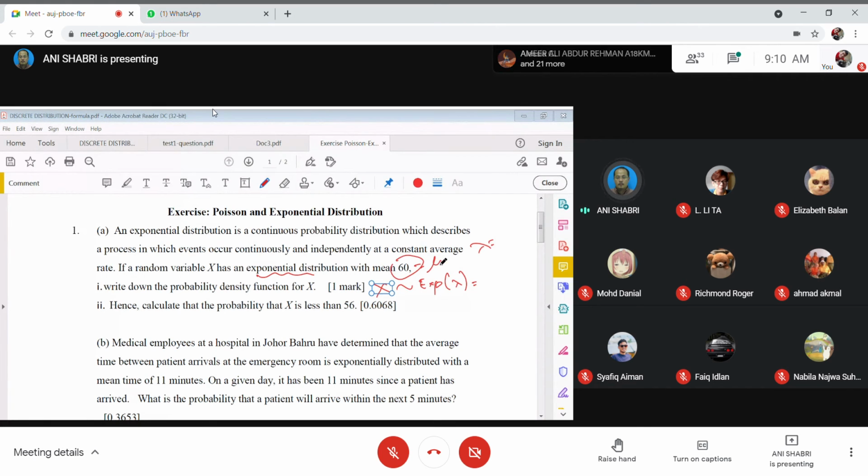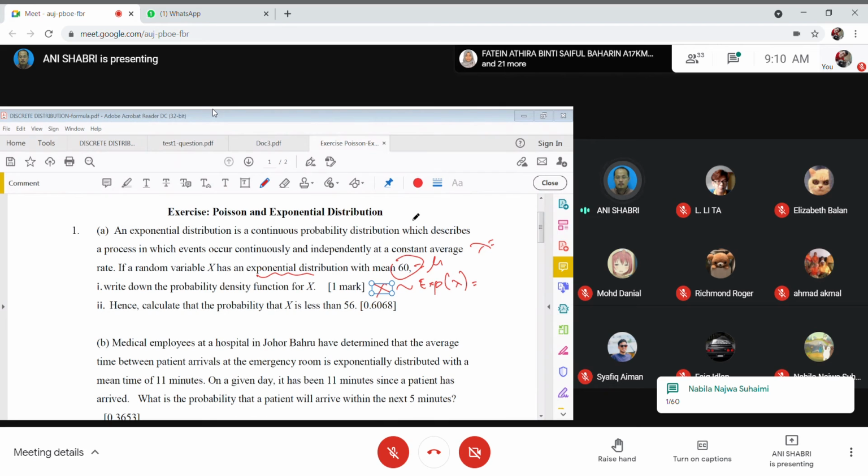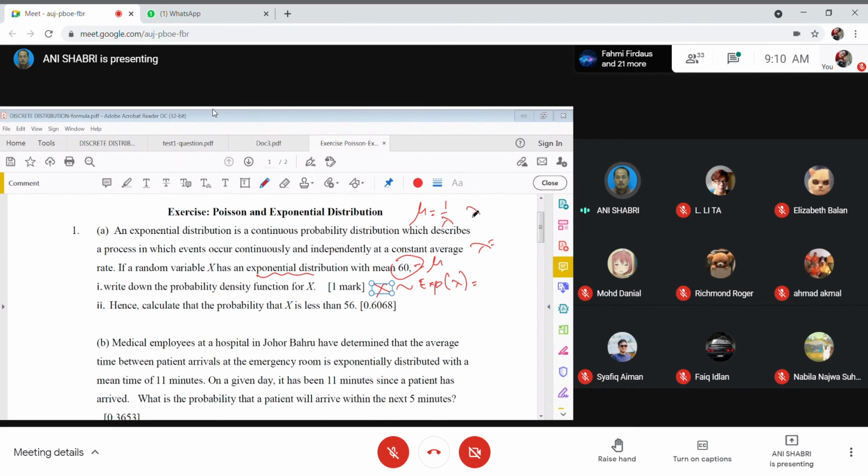Mu is 60. Look at the formula for the mean of exponential. How do we find the mean? Lambda is 1/60. Don't forget that mu is equal to 1 divided by lambda, so lambda is equal to 1 over mu. The answer is exponential 1/60.